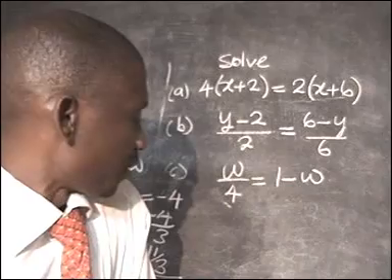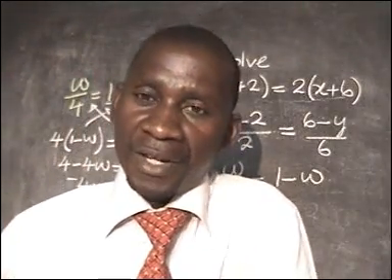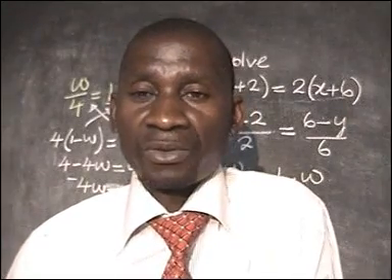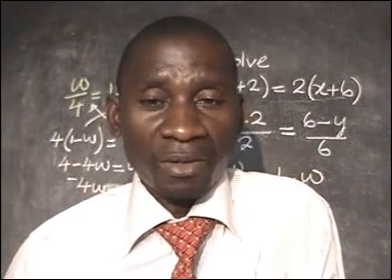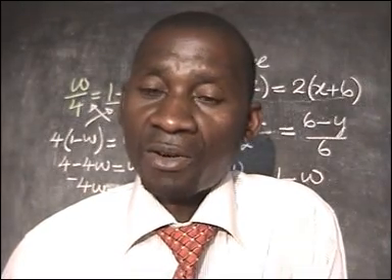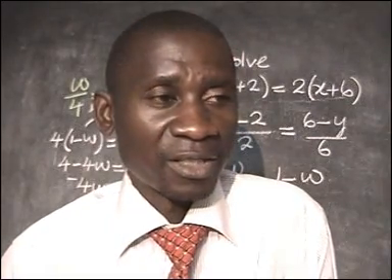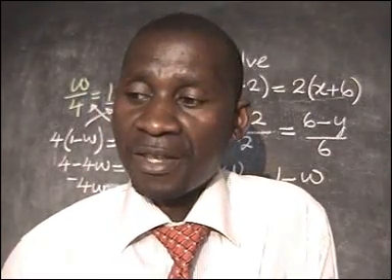And at times you may find that some equations can involve indices, and I cannot term those to be simple equations, because one who wants to solve an equation involving indices should understand all the laws of indices.